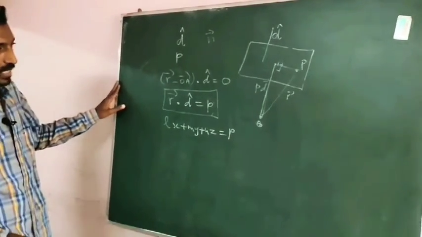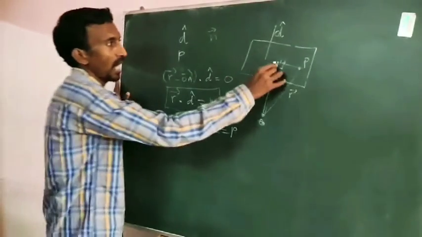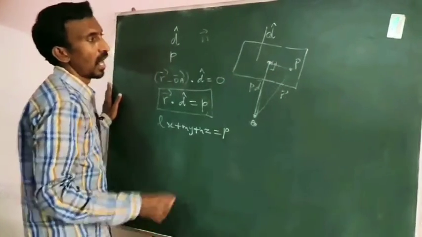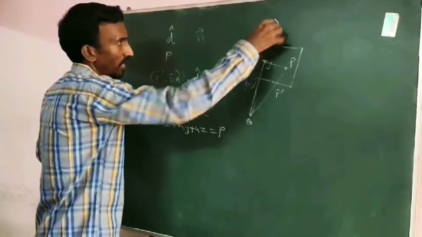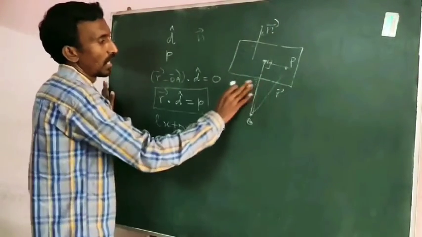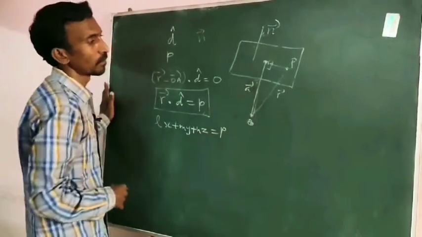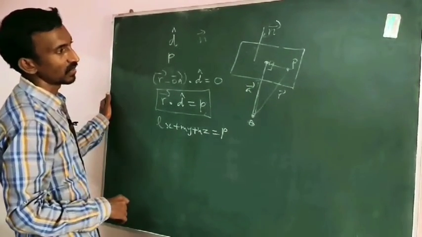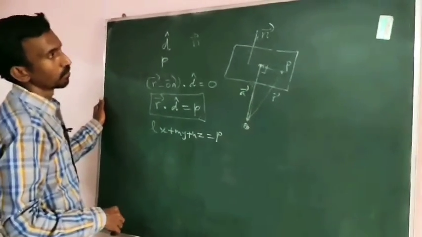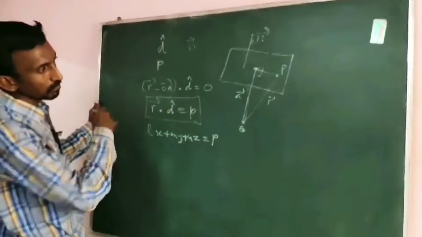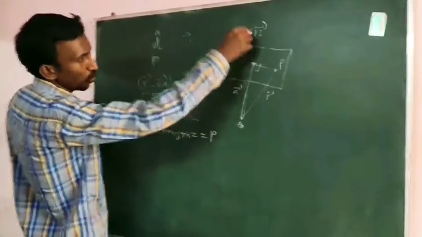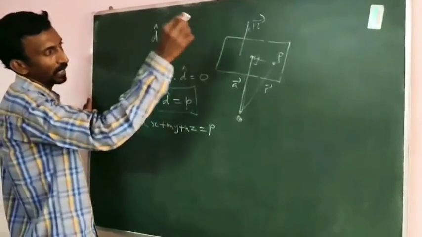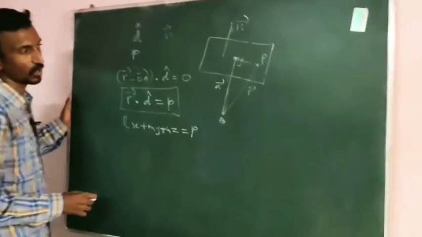Second type: a point on the plane is given and a normal vector is given. So normal N vector is given, and the position vector of a point is A vector. Again these two are perpendicular, so AP vector dot N vector equals 0.